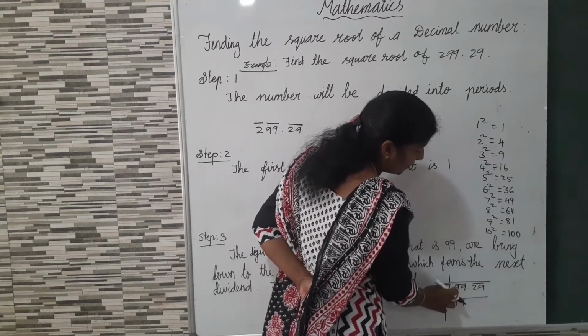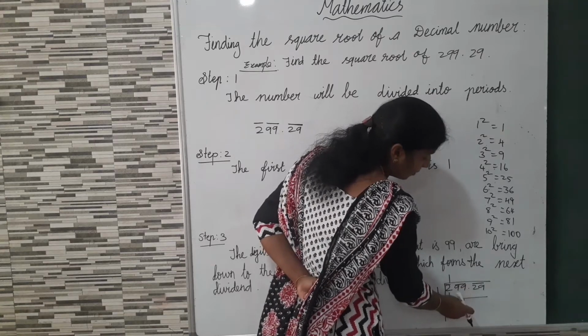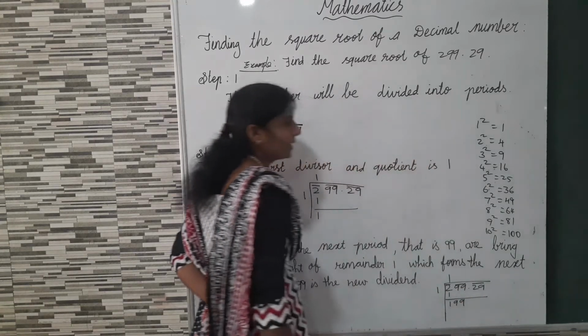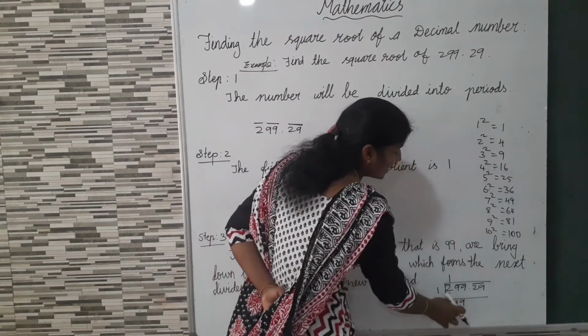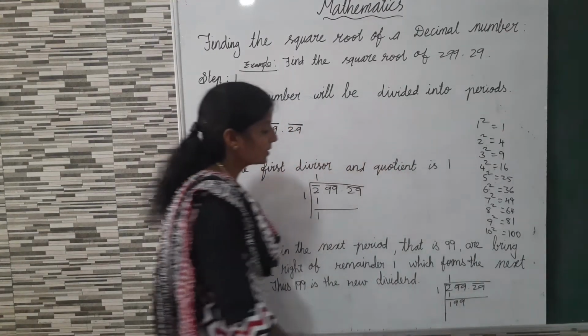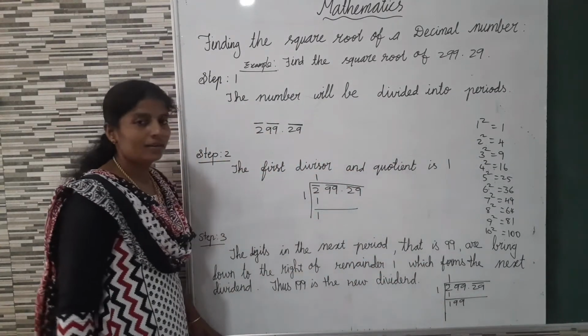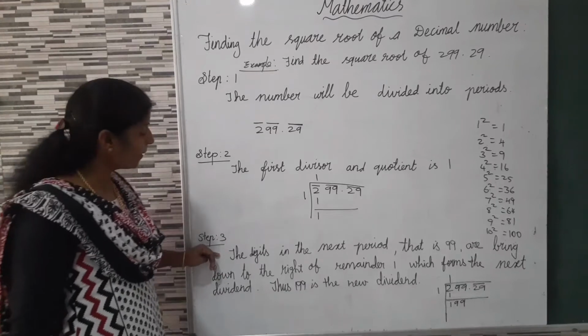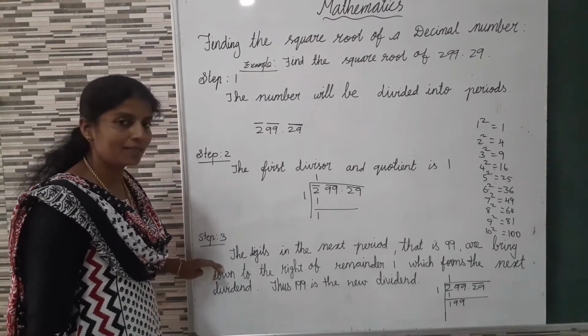We bring down 99 to the right of this remainder, so we get 199 as the new dividend. Clear? Step 1, step 2 and step 3.